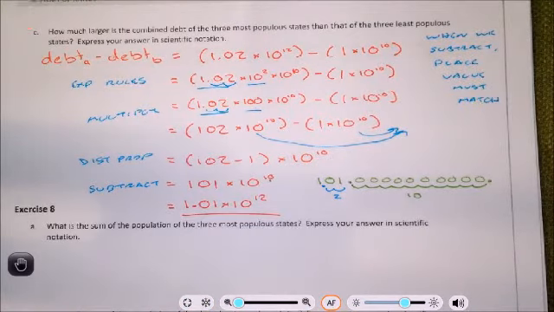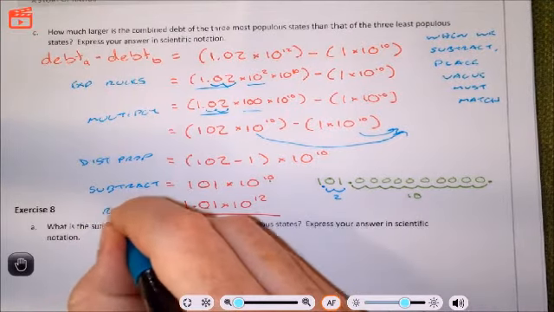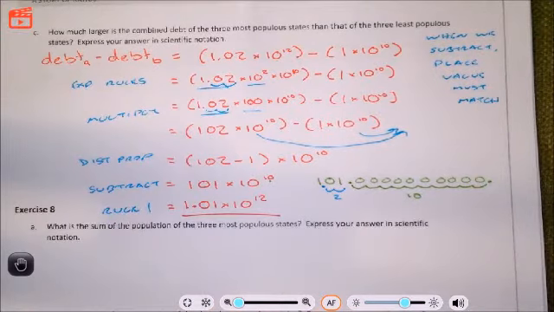That is how much more debt the 3 biggest states have than the 3 smallest states. Take a minute to look at that. Make sure you understood everything that I did so that you can practice yourself for exercise 8.